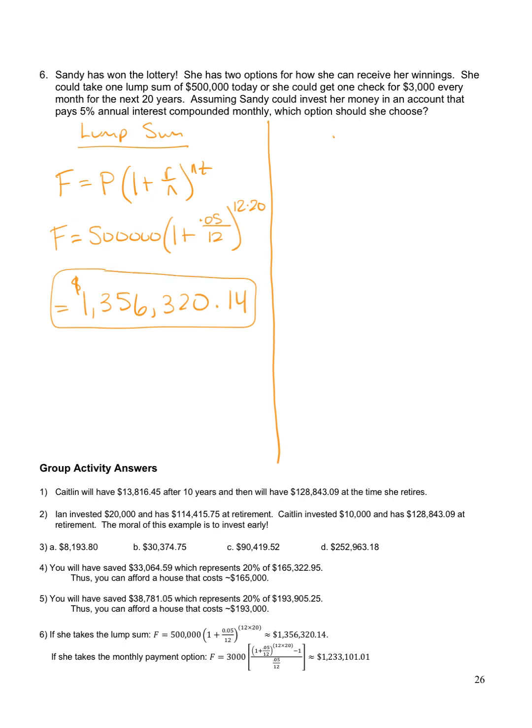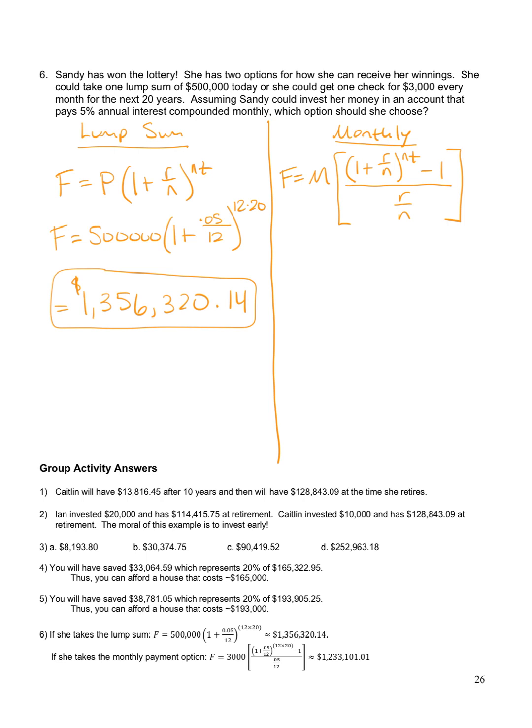And then for the monthly payments, we have to use the formula for investments made at regular intervals. So the future value will be your monthly amount times 1 plus r over n to the nt, minus 1, divided by r over n.